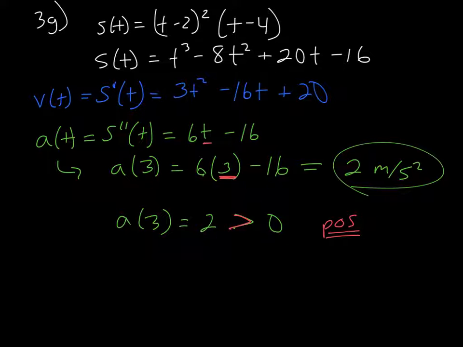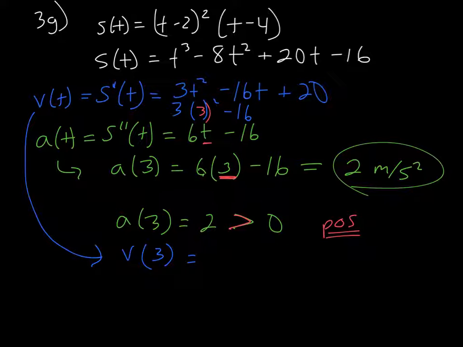Now I need my velocity, so I'm going to go up to this function and find my velocity at 3: 3 times 3 squared minus 16 times 3 plus 20. 9 times 3 is 27, so I'm getting 27 minus 16 times 3, which is 48, plus 20.